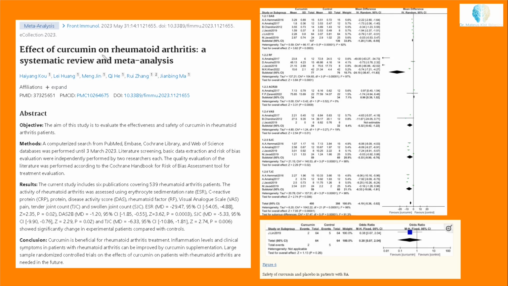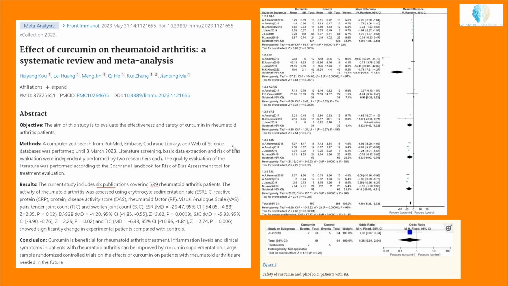Here now we have another systematic review with meta-analysis that is interested in the effects of curcumin on patients with rheumatoid arthritis. They included 6 studies with 539 patients, and overall curcumin had a benefit on clinical and laboratory markers of disease.